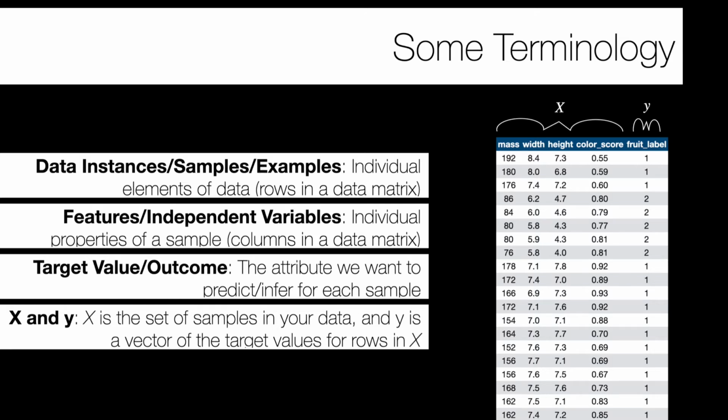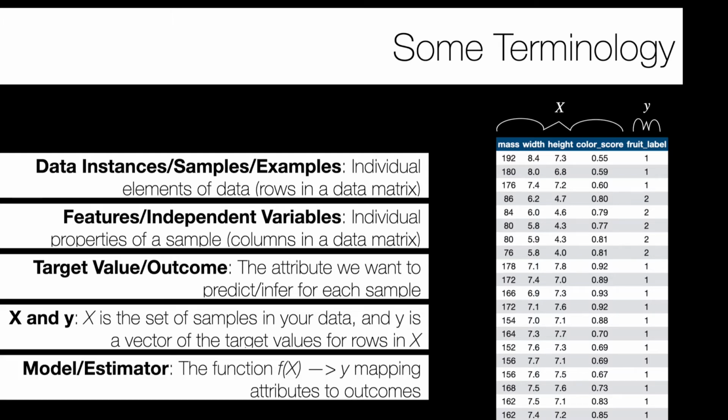And here this vector at the end, fruit label, is your Y vector, where your X matrix, your data matrix, is your set of samples and their associated features, and your Y vector is the collection of target values or outcomes for each one of the rows in your X matrix.